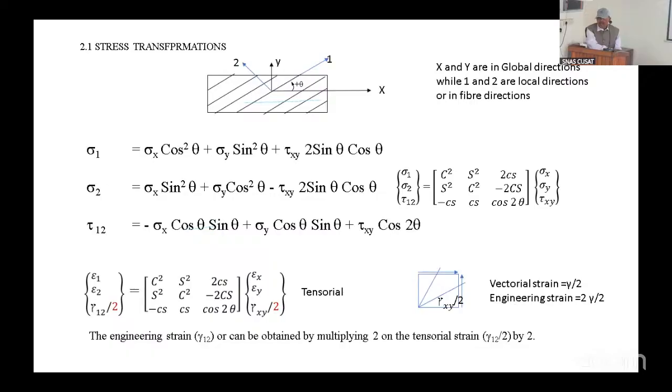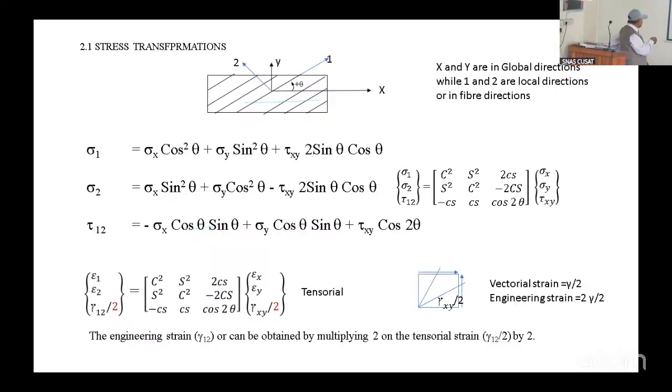So if you see any book on composites, they use a separate matrix for the half and multiply. I don't use that. I directly put it like this, then multiply with 2 on both sides. When you multiply this into this, plus this into this, plus this into this, the 2 and the 2 get cancelled.